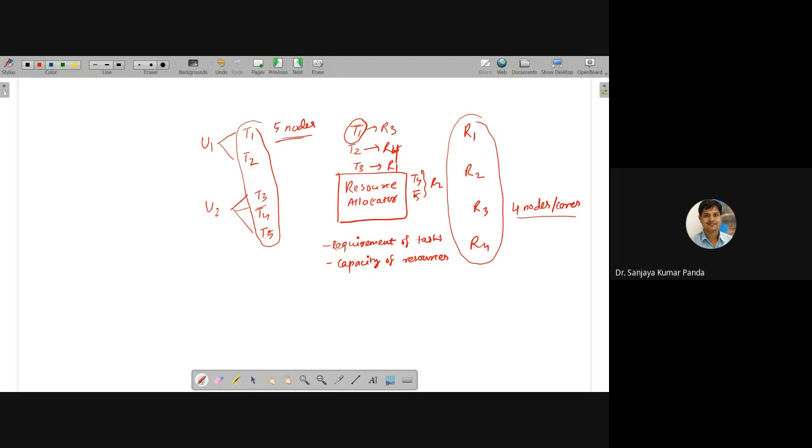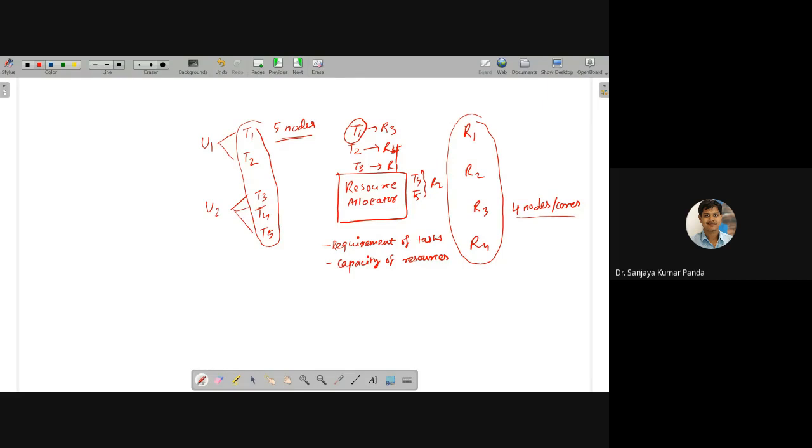Is it possible to satisfy the requirement using resource R3? T1 is asking 5 nodes. It is assigned to resource R3. But R3 has only 4 available nodes or cores.